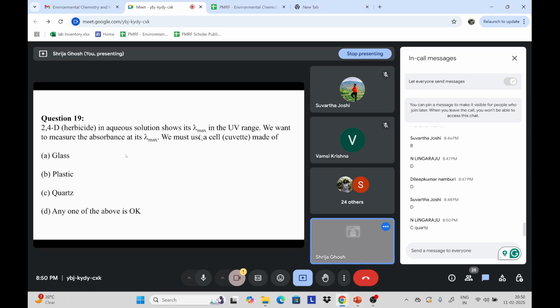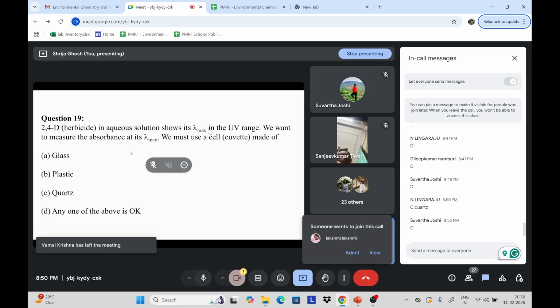So for UV, we have to use a particular material. So yes, we have one answer, C quartz. That is the correct answer. So we cannot use any cuvette when we are measuring the absorbance.